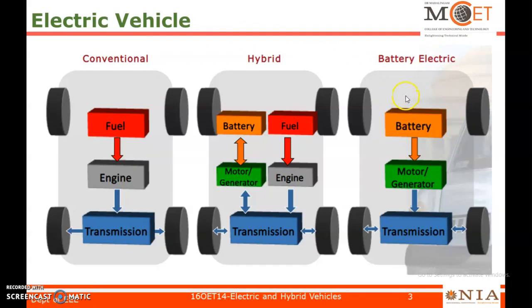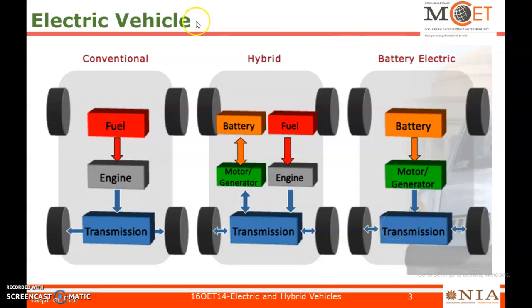In the conventional vehicle, there will be an internal combustion engine to provide mechanical energy for the transmission system, whereas in the battery electric vehicle, there will be electric motors to provide the mechanical energy for the transmission system.